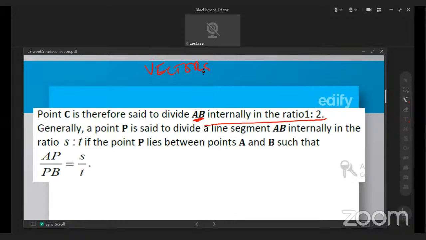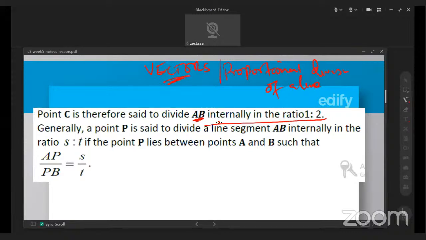Vectors is our topic, and the subtopic is proportional division of a line. This is what we are talking about, but the main topic is vectors.